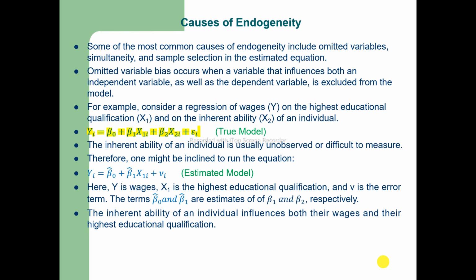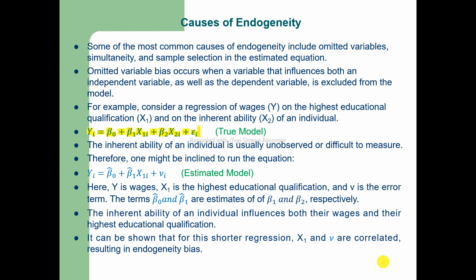The inherent ability of an individual in this case influences both their wages, that is the dependent variable, and their highest educational qualification, which is the independent variable. So x2, which is ignored in this model, influences both the dependent variable yi and the independent variable x1i.